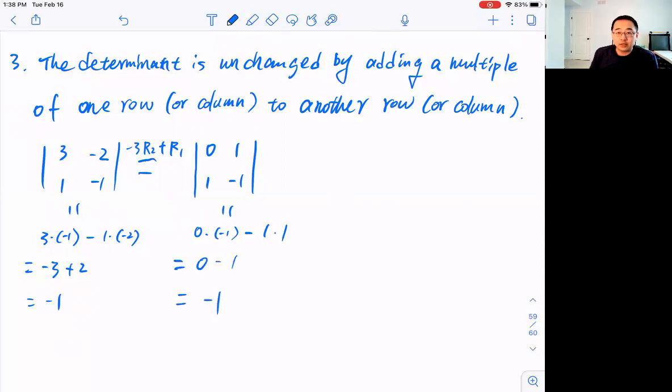Okay, so when you face a certain matrix, and you can spot that adding a multiple of one row or column to another will simplify a certain row to give you a bunch of zeros, then do that first before you calculate the determinant, right? So if you can find a way to make a bunch of zeros appear in your matrix by row manipulations like this, then definitely do that to simplify your life.